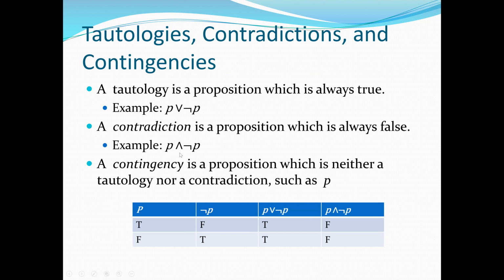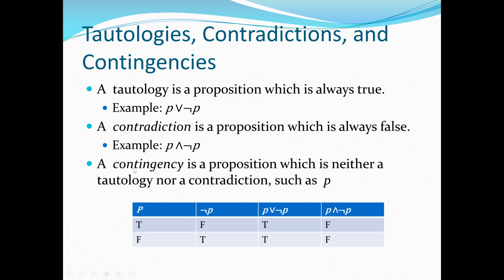But with P and not P, one will always be true and one false. So this is always a contradiction, always false. Contradiction means always false, and tautology means always true.